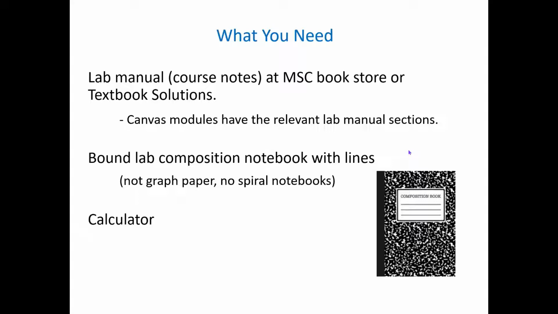They make it hard to read. And we don't want to be able to hide any of our data, so that's why not spiral. And a calculator. Simple calculator can work. Fancy calculator is fine too. Generally, you can't use your phone calculator on an exam or on a quiz, but a simple calculator works, and I do have some spares in the lab.